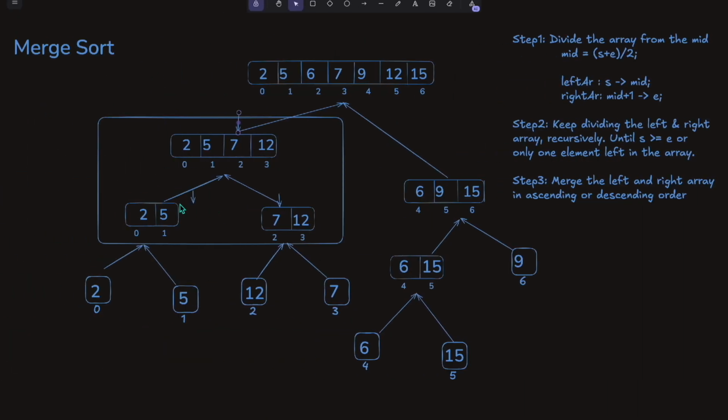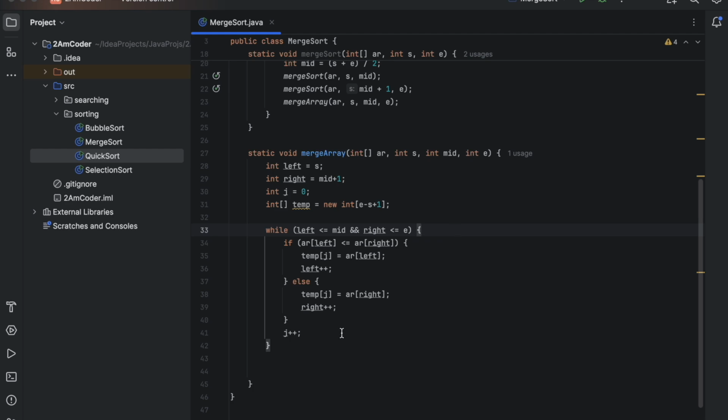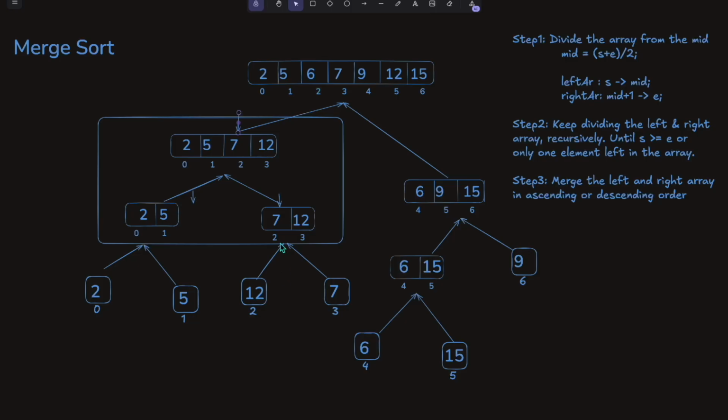So when you have incremented the value of left, this loop will break, and you can see this is sorted till here, and this is itself a sorted array, so we can directly place it in the next upcoming indexes. Because this portion is sorted, we don't need to sort it again.